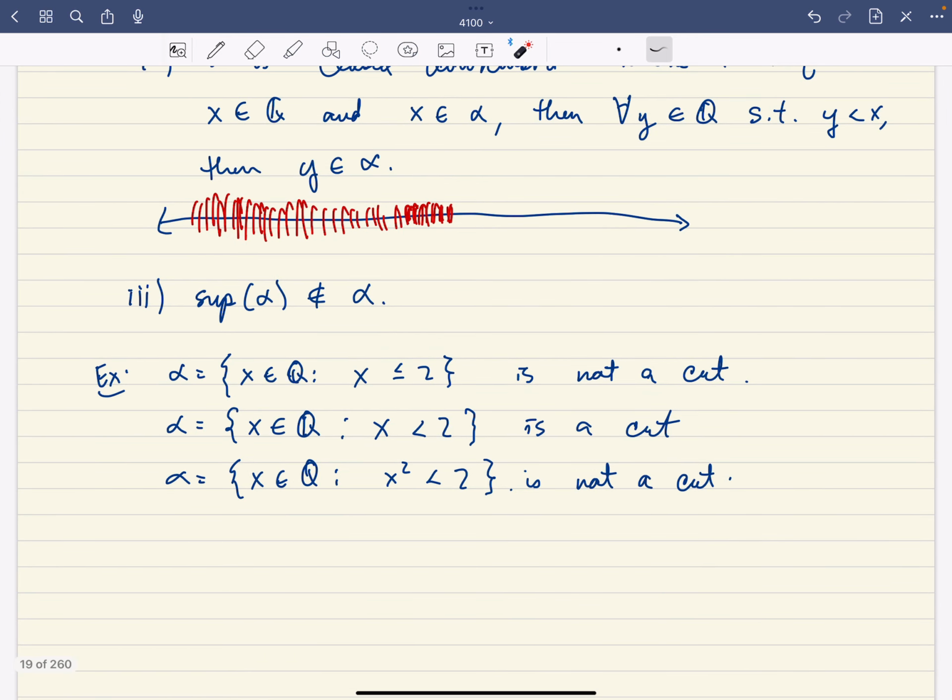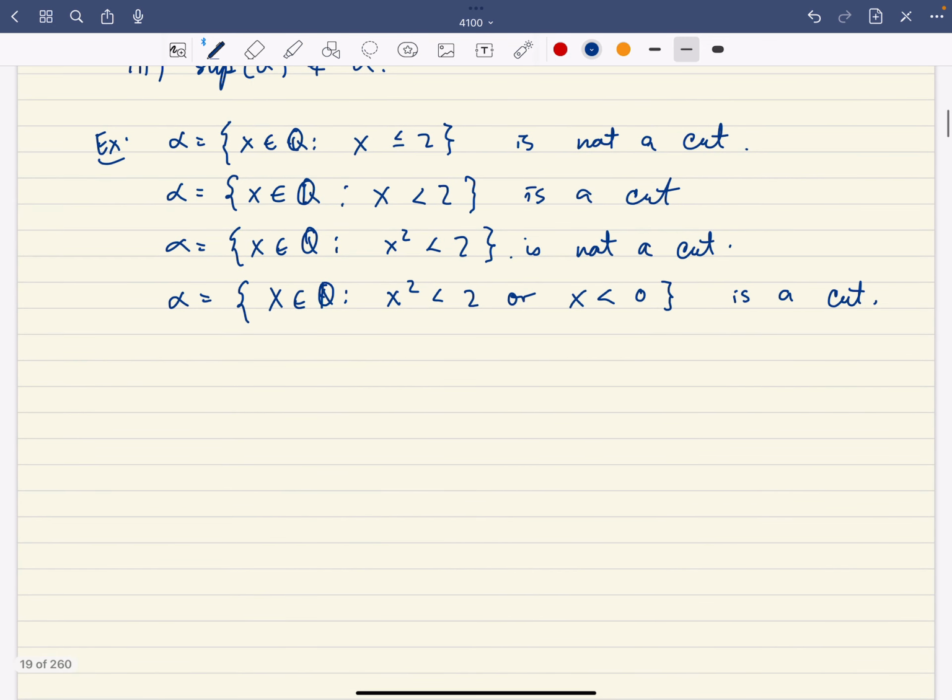So for example, 0 is in the set, but negative 2 is not. Okay, so here we have an example of a value in the cut, but smaller rational numbers are not in the cut. So that's not a cut. It doesn't satisfy part 2. If I wanted to make it a cut, we would have to talk about all of the rational numbers where x squared is less than 2, or where x is negative. And then it is a cut.